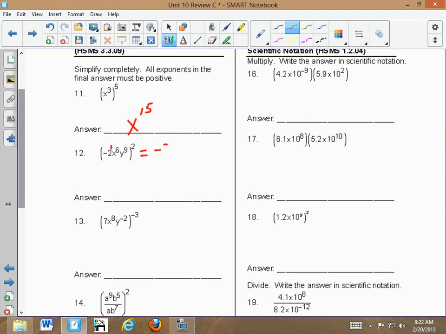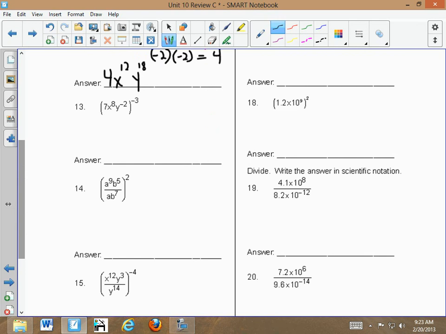So this equals negative 2 to the 2nd power, x to the 12th power, y to the 18th power. Negative 2 squared is negative 2 times negative 2, which equals a positive 4. X to the 12th power, y to the 18th power. That's my answer. Had no negative exponents, so nothing for me to move.